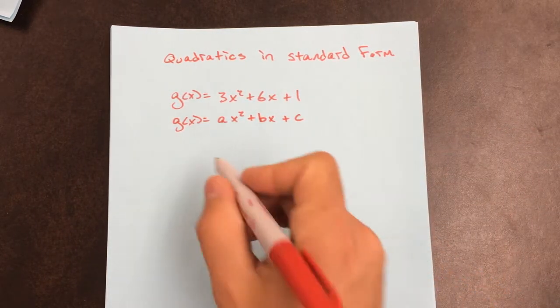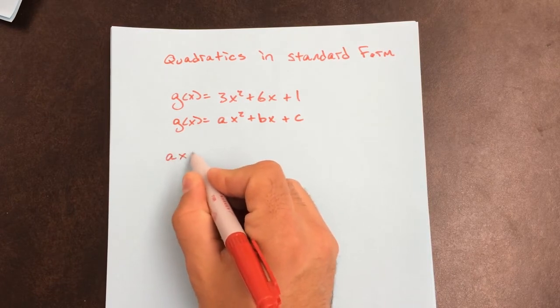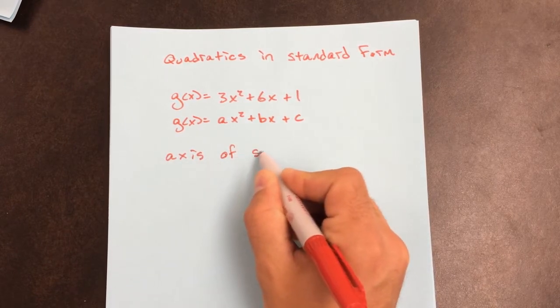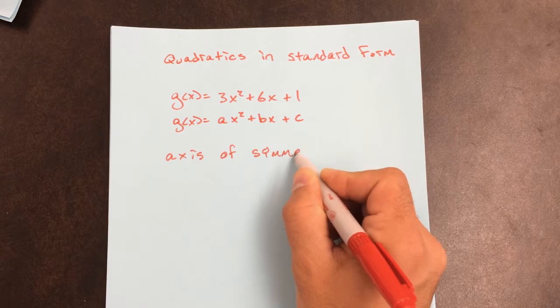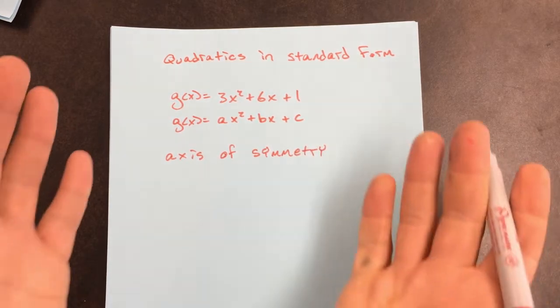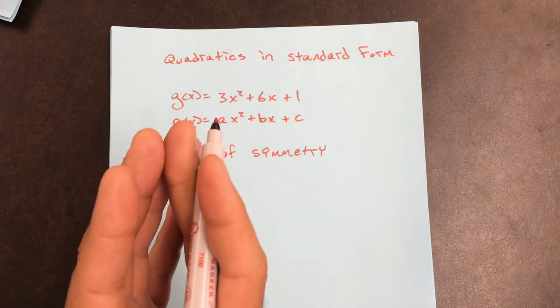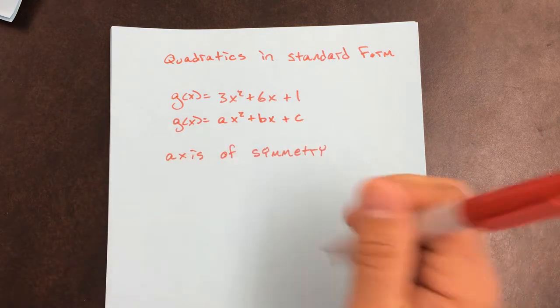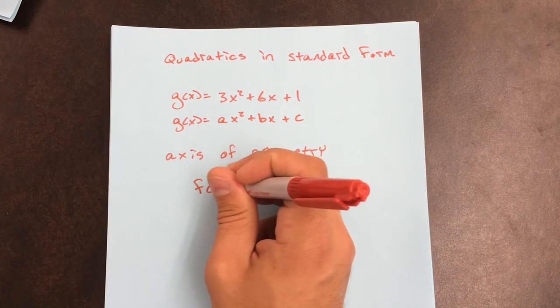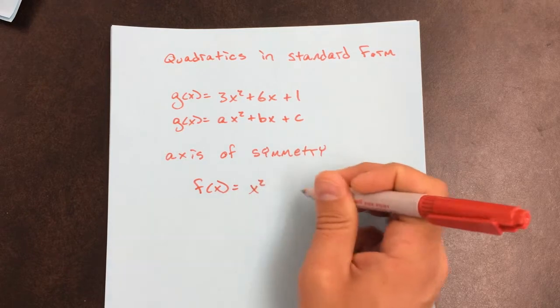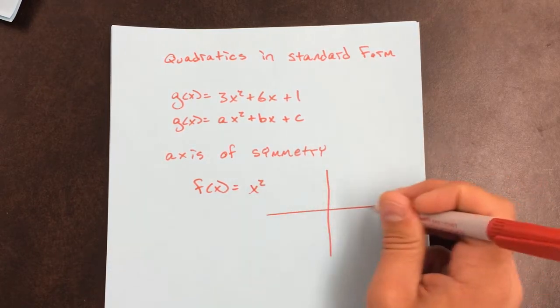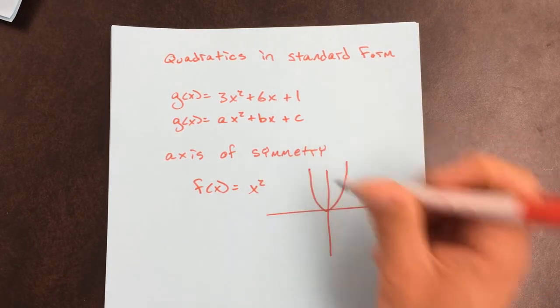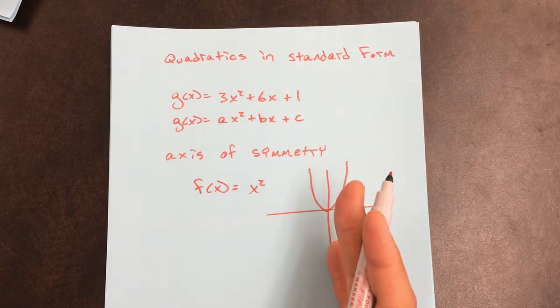So the first thing that I want to find is the axis of symmetry. Axis of symmetry is where you could fold the parabola in half and it's going to be right on top of itself. If you look at the parent function, where I would fold this in half is on the y-axis.